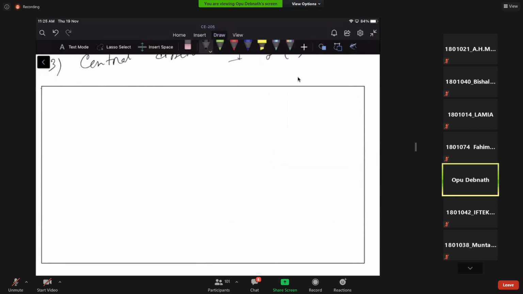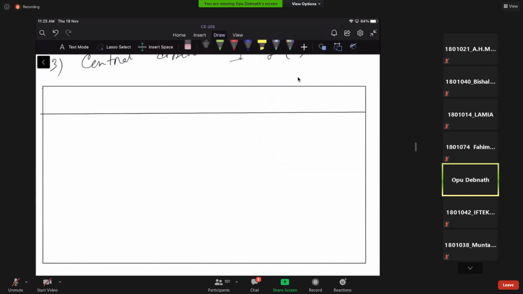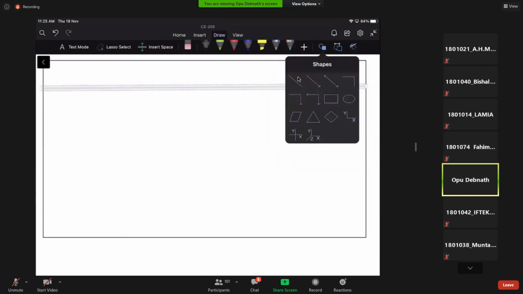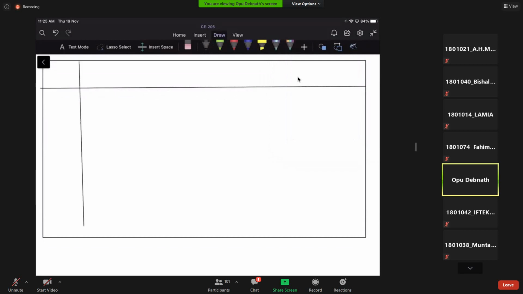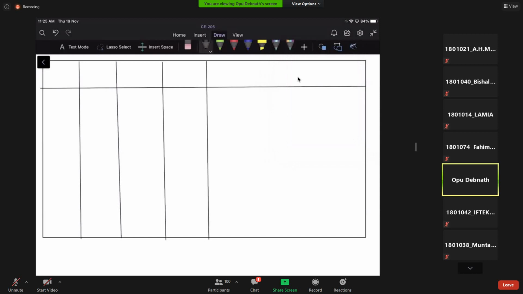So it's a table. x, this will be y, then first difference, second difference as well.